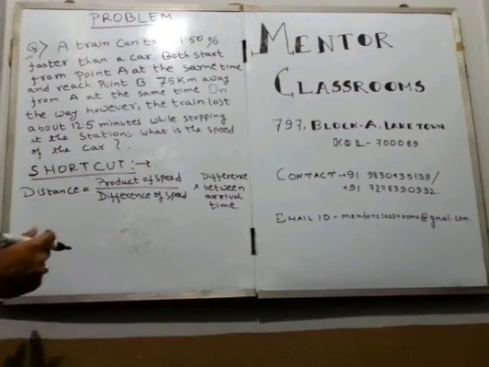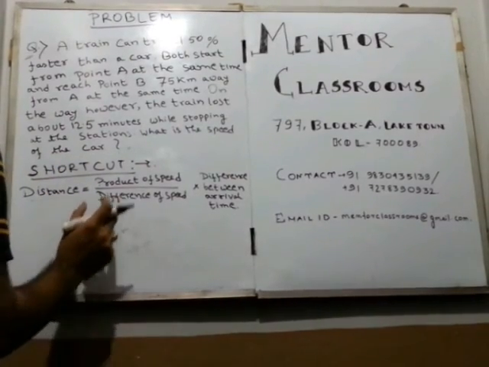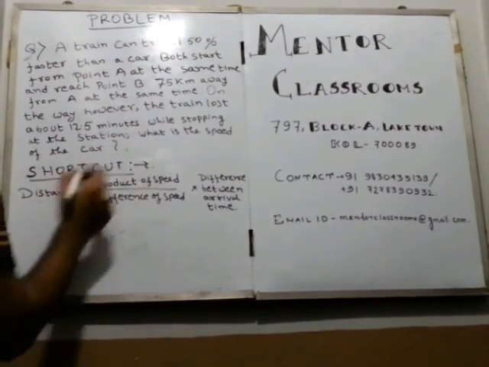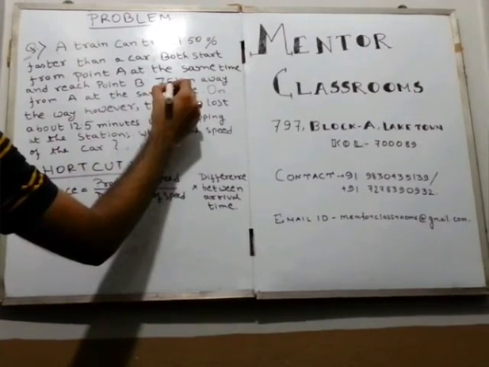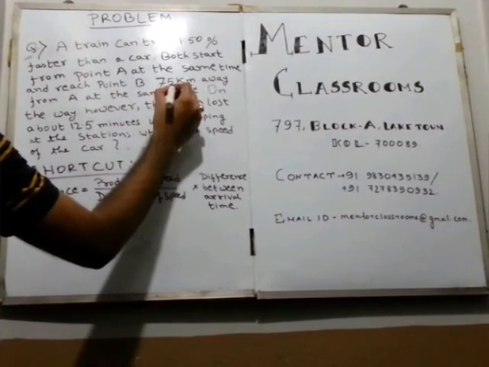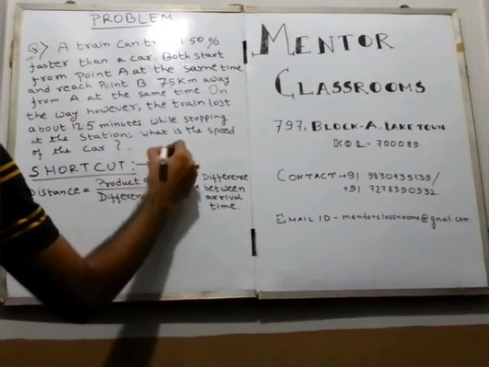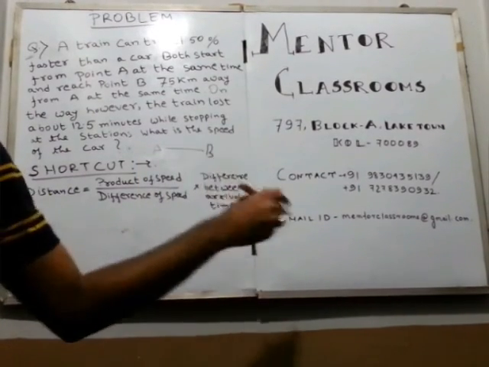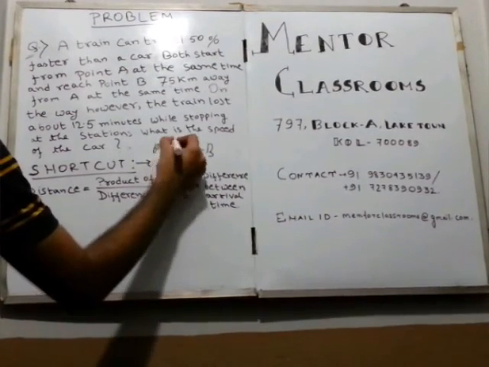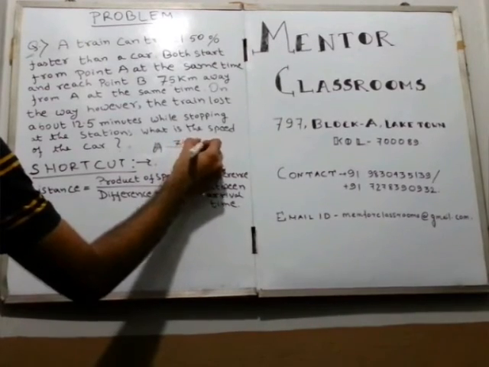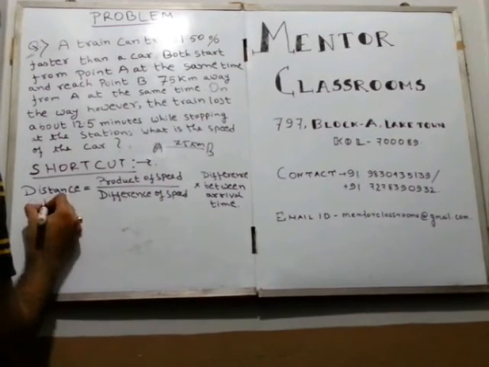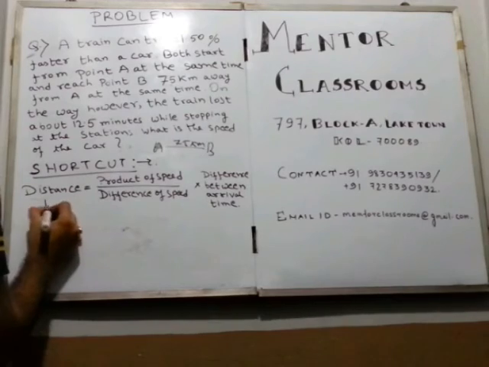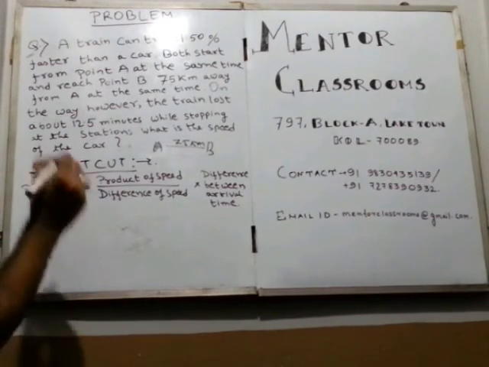So let's solve this problem by using this formula. Now here the trick is that the distance is given. This 75 kilometer is given, the distance between A and B, 75 kilometer. So our distance is 75 kilometer.